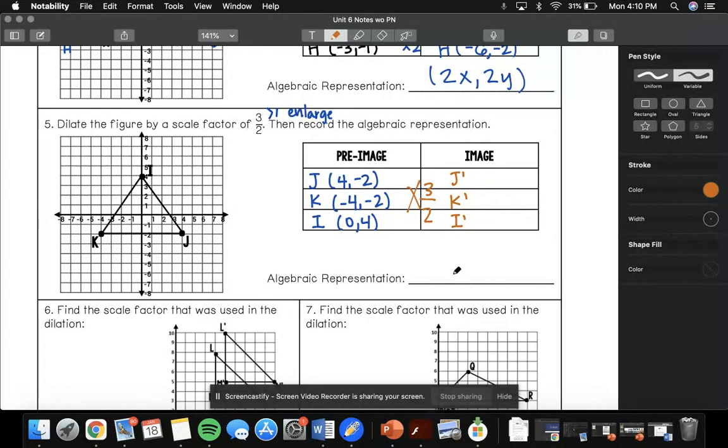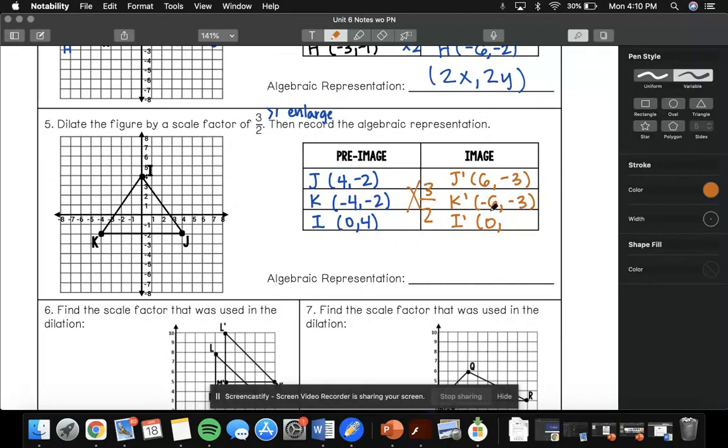So 4 times 3/2 would be 6. -2 times 3/2 would be -3. K, -4 times 3/2 would be -6. -2 times 3/2 would be -3. 0 times 3/2 is 0.